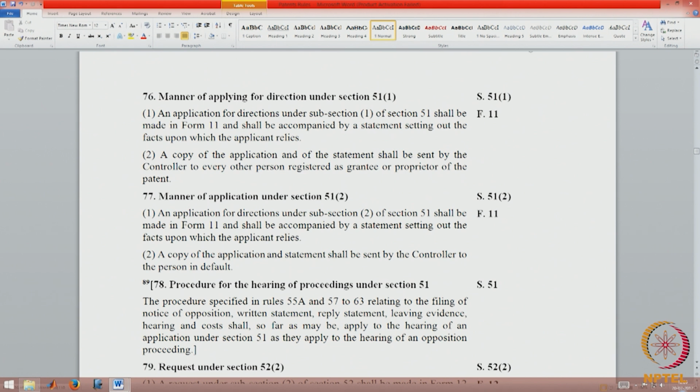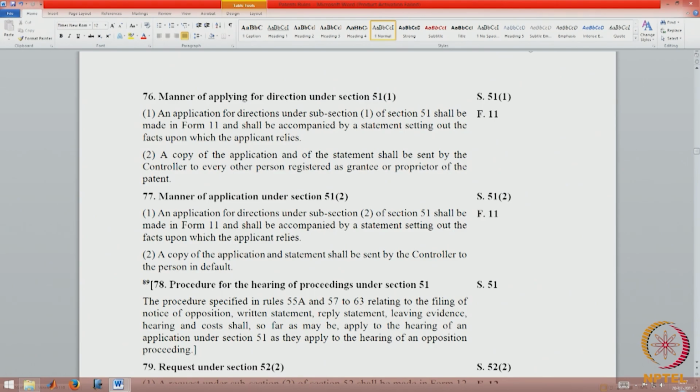Rule 77. Manner of application under section 51(2). 1. An application for direction under subsection 2 of 51 shall be in Form 11 and shall be accompanied by a statement setting out the facts. It is just the same as the earlier one. In subrule 2, a copy of the application and the statement shall be sent to the person in default.